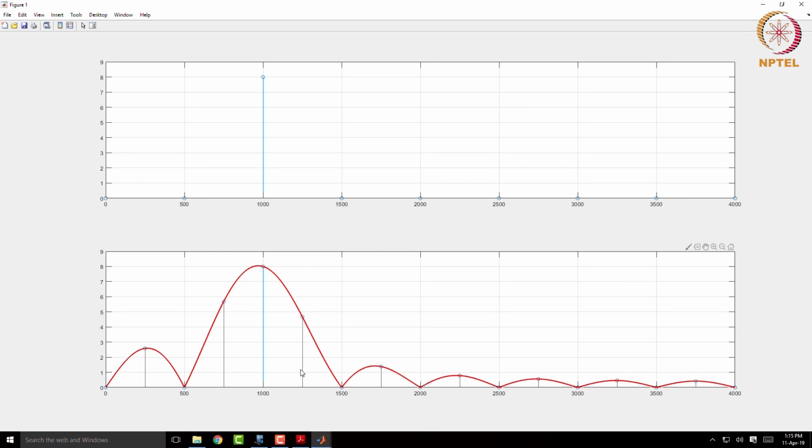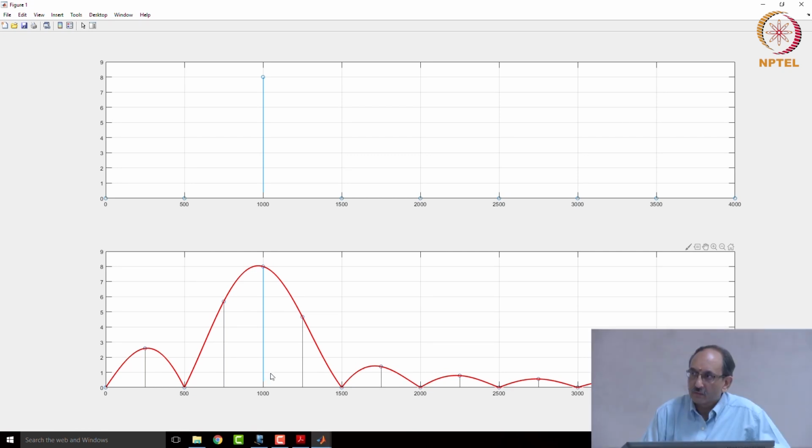Remember, the DTFT cannot be computed on a machine, and this surely is being computed on a machine. Therefore, this red curve, which is the DTFT, or so I claim, is really a very good DFT that has been heavily zero padded, and rather than using the stem plot, I am using the regular plot, which joins consecutive points by straight lines.